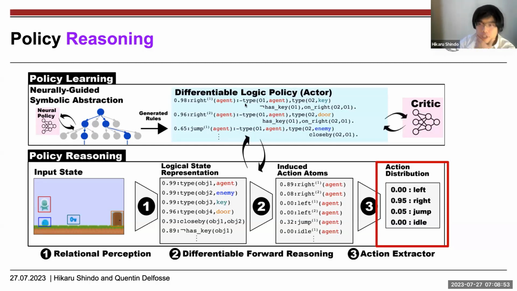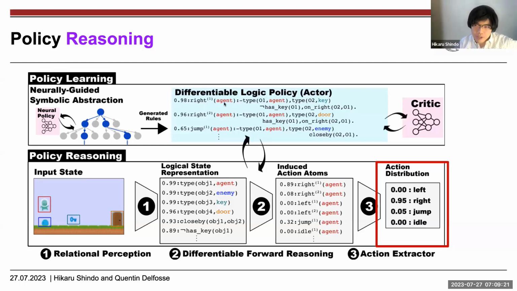Of course we can use the same predicate to describe right, but in our work, we prepared two different predicates to define one action, to explicitly encode the different reasons for the same action.